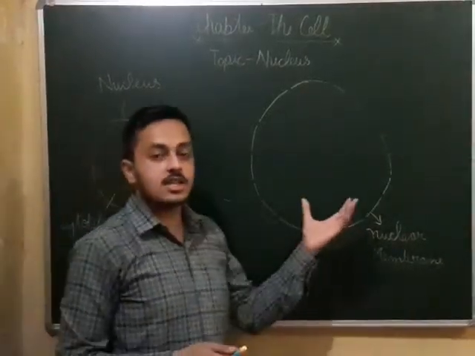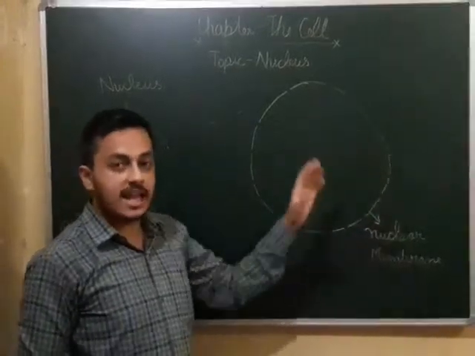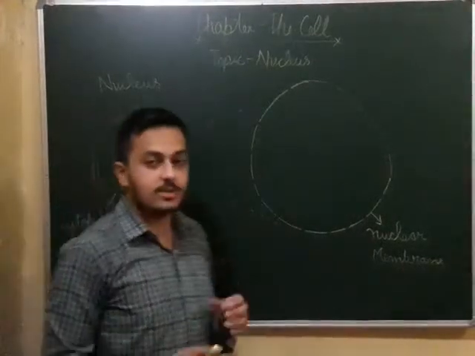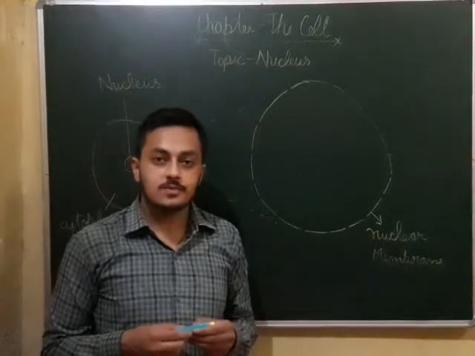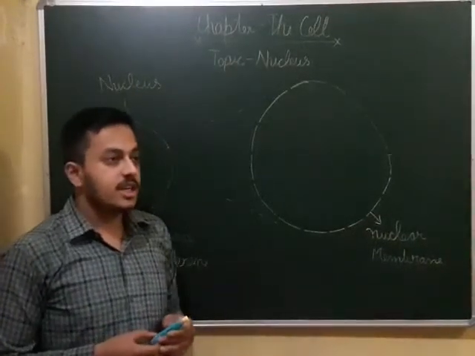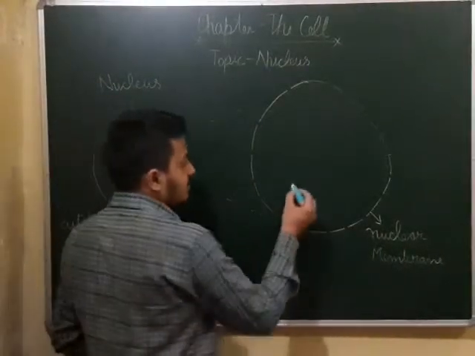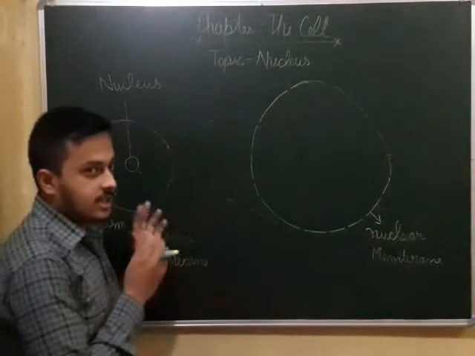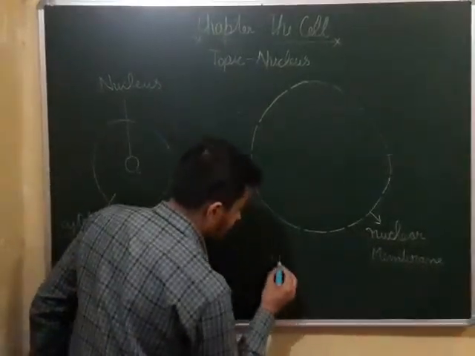What do these pores do? These pores help to exchange the material between the nucleus and the cytoplasm. Okay, is there any problem in this? The next part of the nucleus is the nucleoplasm. Like the cell containing the cytoplasm, here is a liquid material called the nucleoplasm.